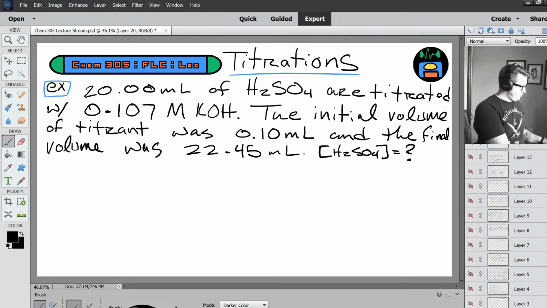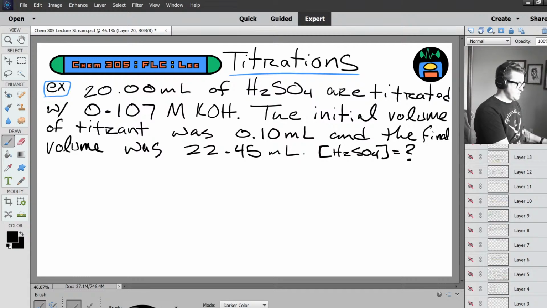And then, Karenza, your question: is the base what gets titrated or the acid? It depends. The analyte is the unknown concentration.